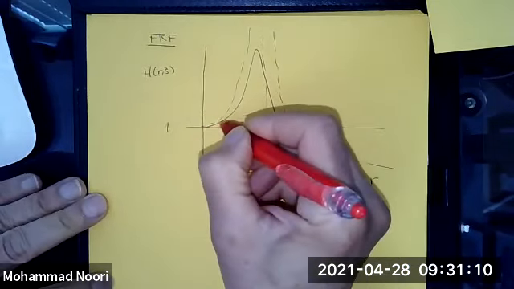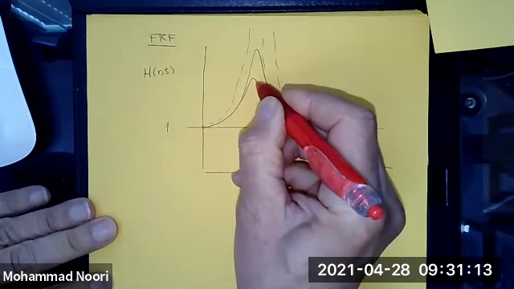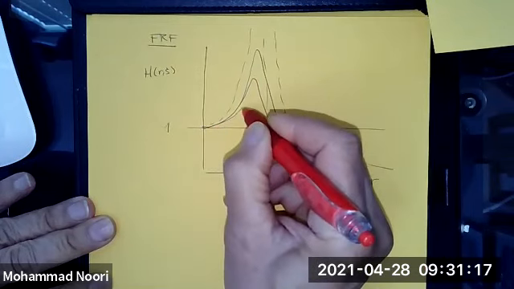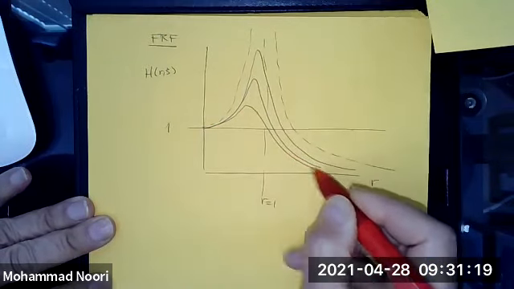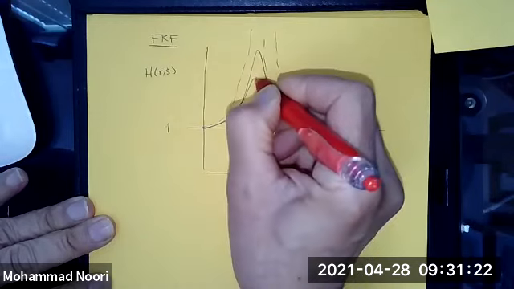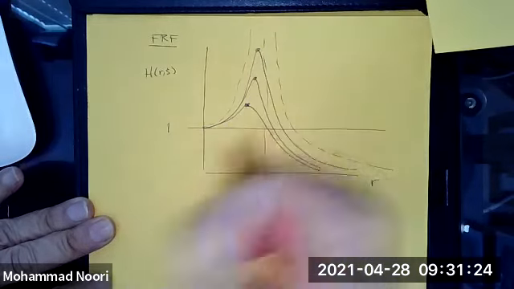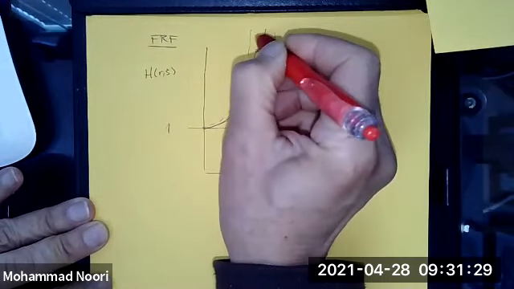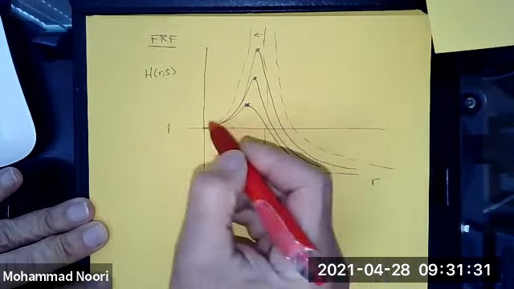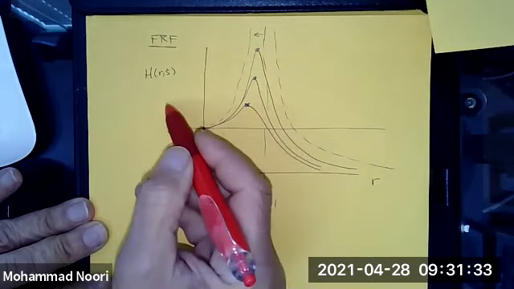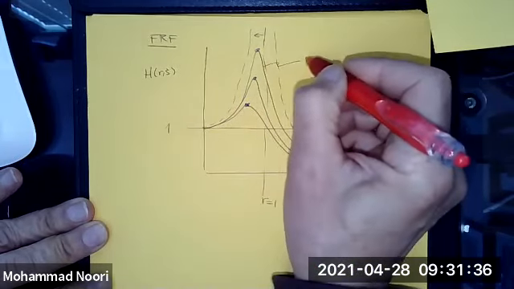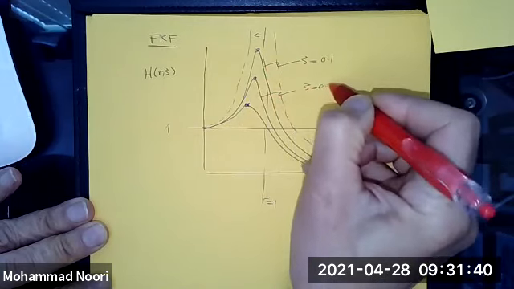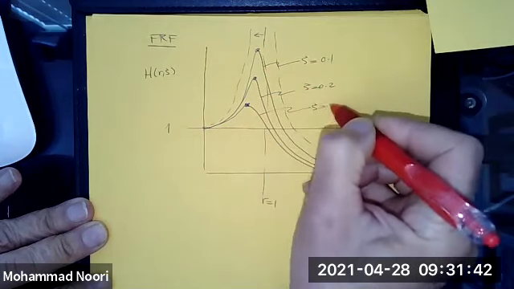As zeta increases, the peak value, the maximum value of this H function, shifts to the left, further and further to the left of R equal to 1. So this is zeta 0.1, this is, let's say, zeta 0.2, let's say zeta 0.5.